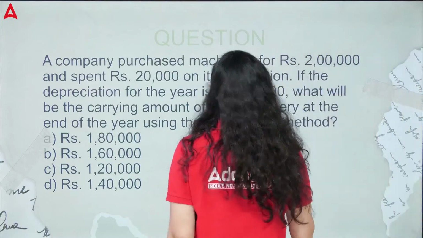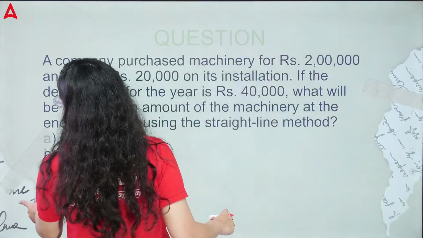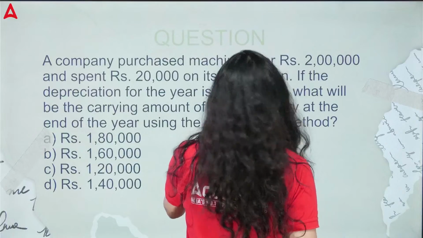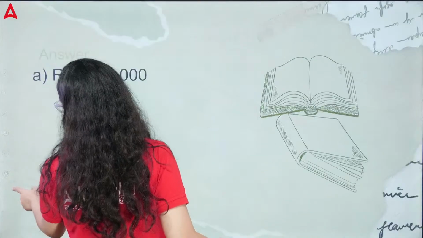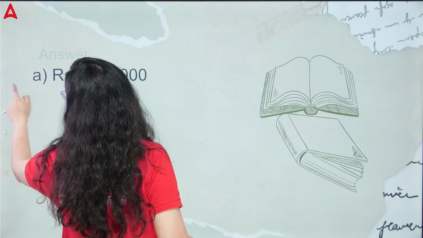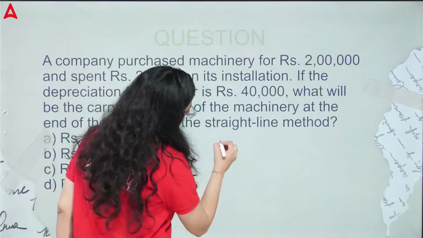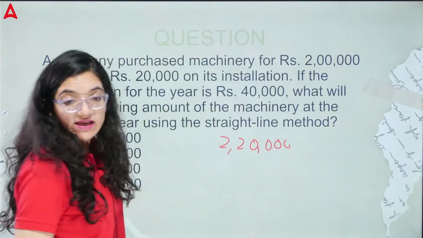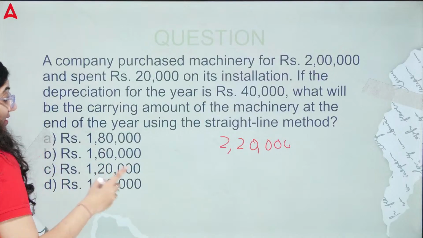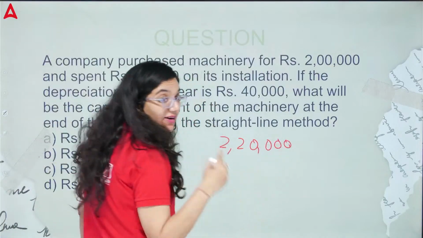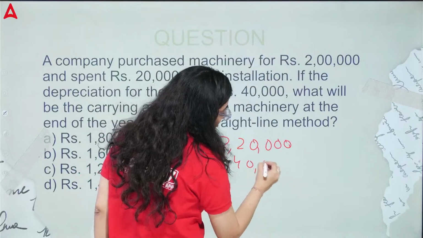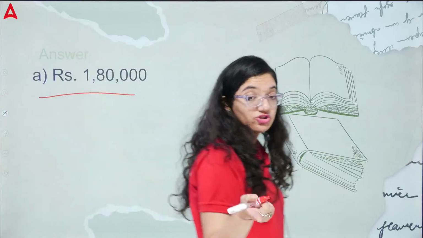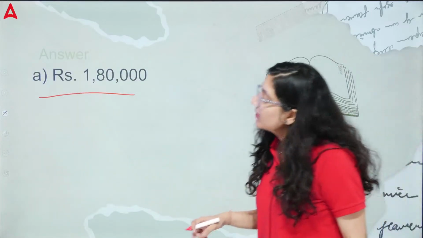So in this question, I would be noting it as 2 lakh 20,000 instead of 2 lakh, because if I take 2 lakh, then it will come out to be 1 lakh 60. But the point is, the value of this machine is 2 lakh 20. And from this, if you remove the 40,000, you will get 1 lakh 80. The question was a trick in terms of this area. Okay, next question.